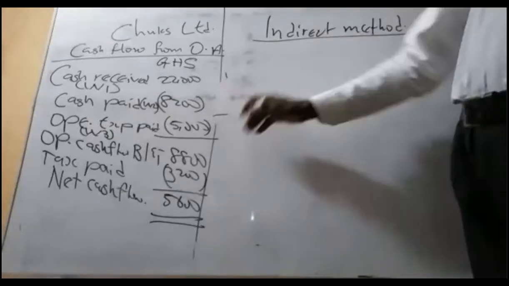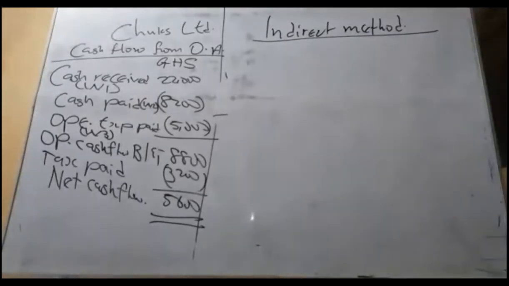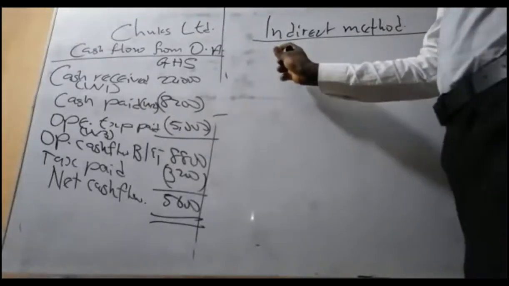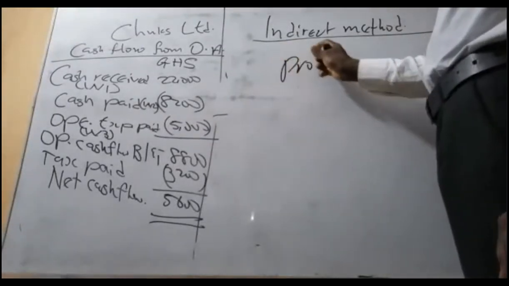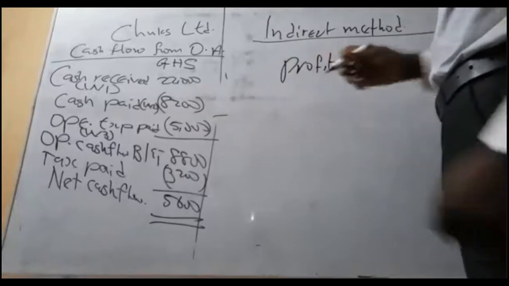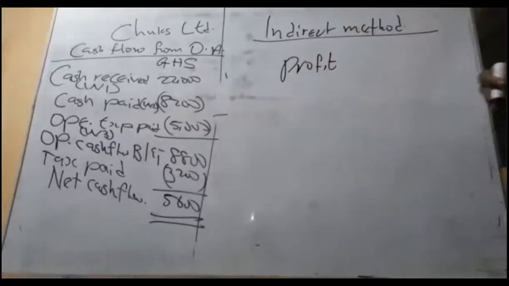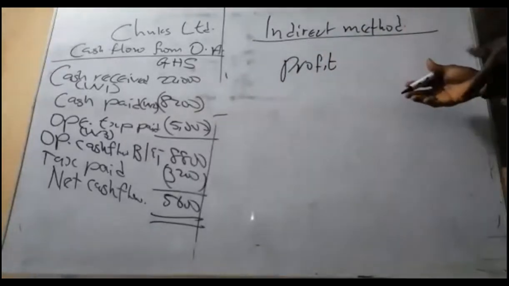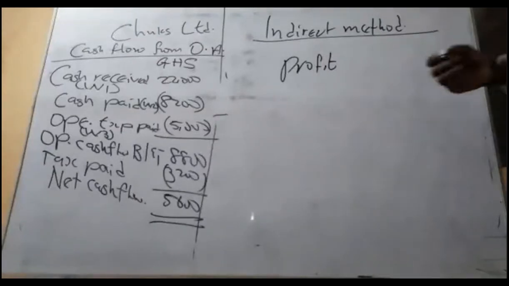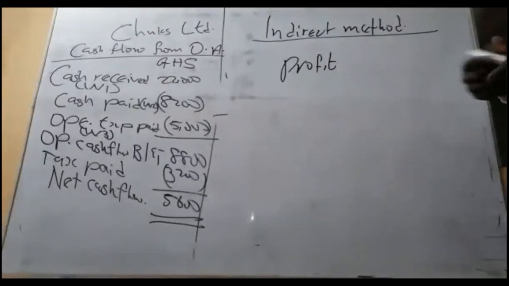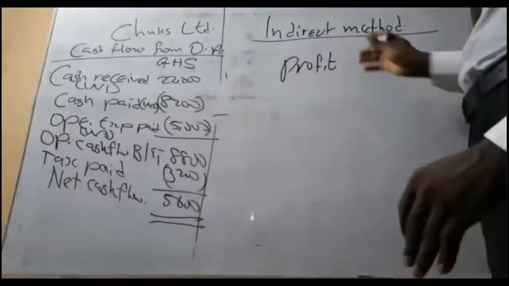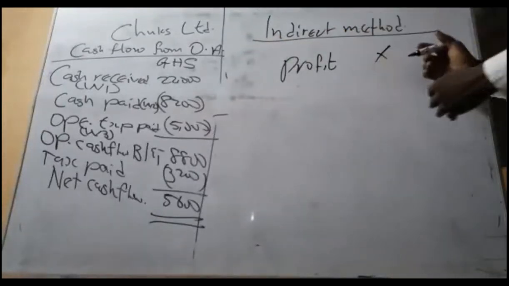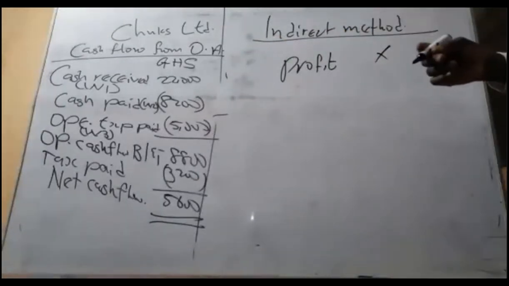Indirect method. Now we said that profit is not equal to cash, right? Good. So if I pick profit and massage it with the three differences that we explained, then I will get what? Cash. So you pick the profit and adjust it, massage it, with three items.